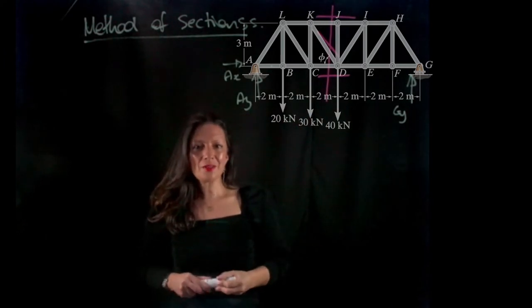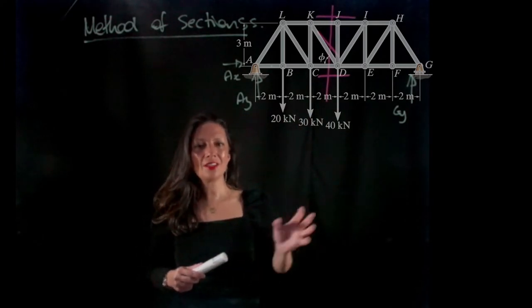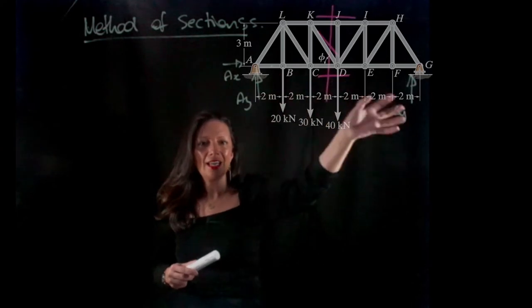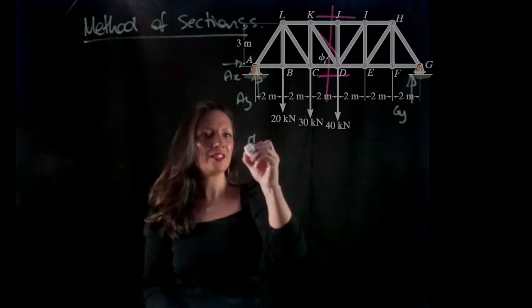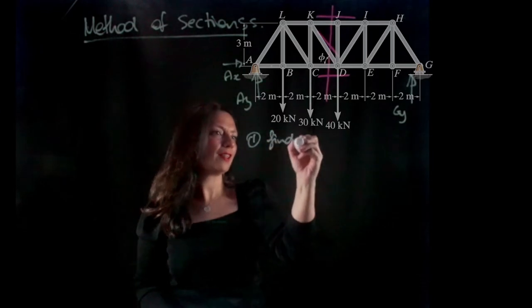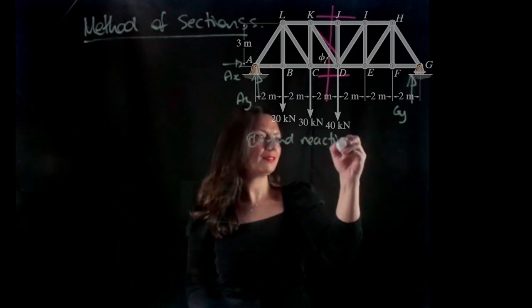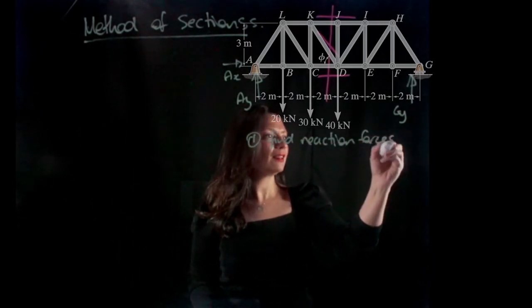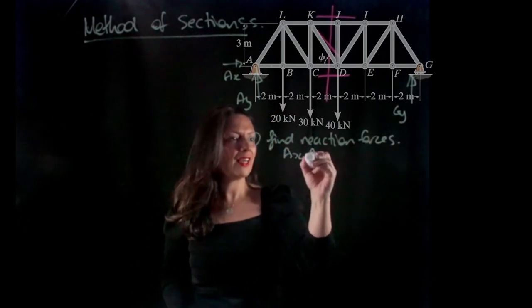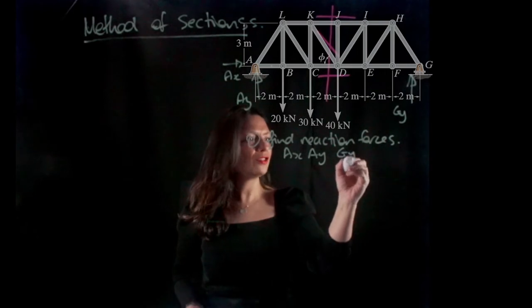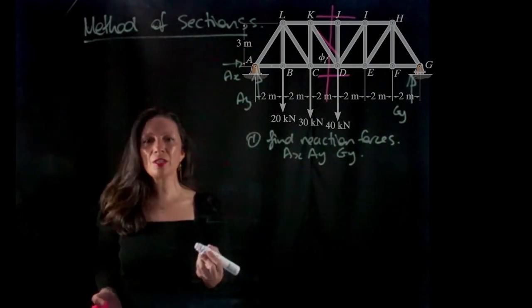So what's the first thing that we're going to do? We need to find GY and our reaction forces at A. So find reaction forces. And I have three unknowns, AX, AY and GY. I have three equations for equilibrium.